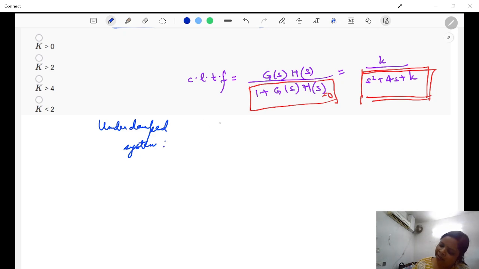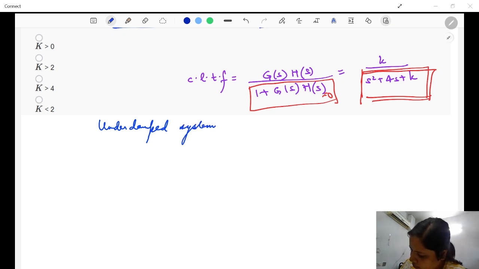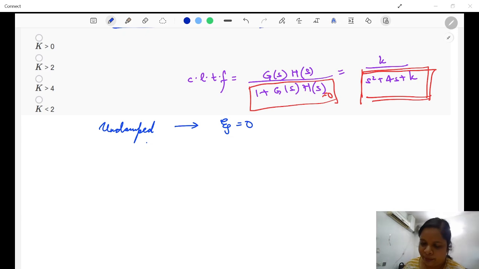Essentially, you have to tell me what is the value of zeta over here. Let's revise this. Less than 1, right. There are 4 categories. I would start from the very first category only. Undamped system, where zeta is equal to 0. There is no damping.